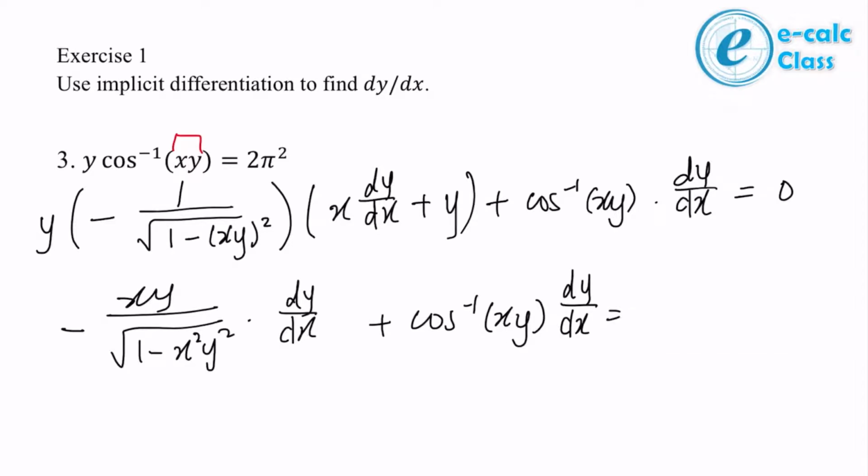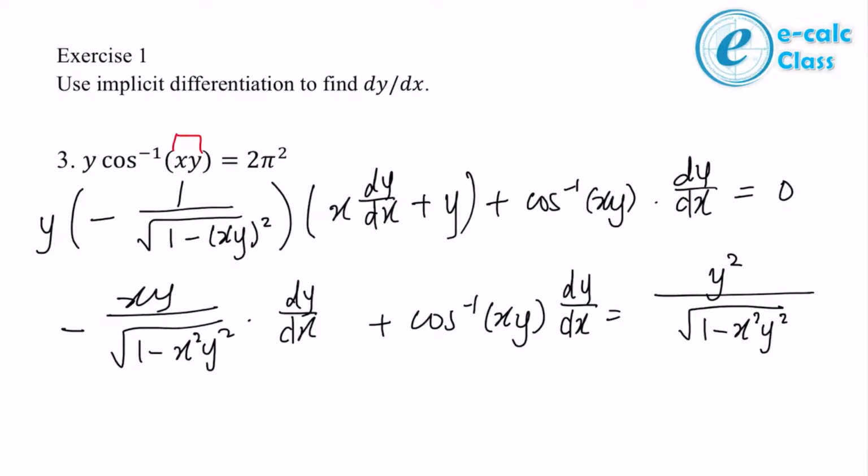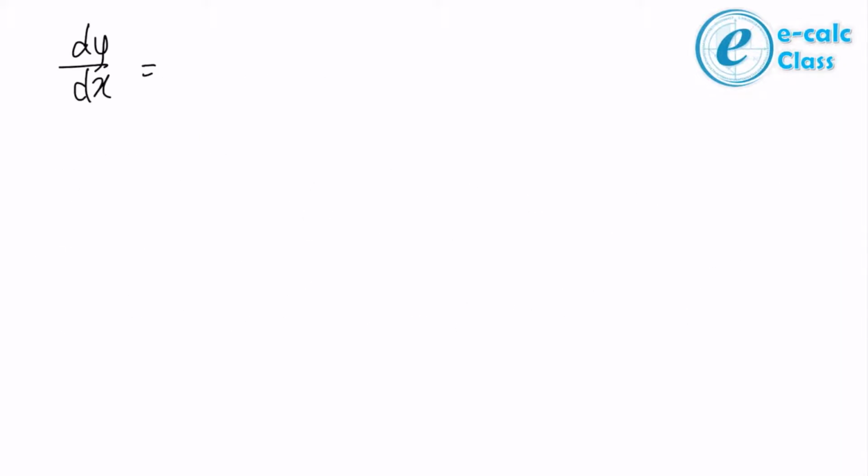Y times y, negative becomes positive. Y times y is y squared over square root of 1 minus x squared y squared. So let me move on to the next page. Okay, dy/dx will just be, I think I better write this one first. Okay, y squared over square root 1 minus x squared y squared.